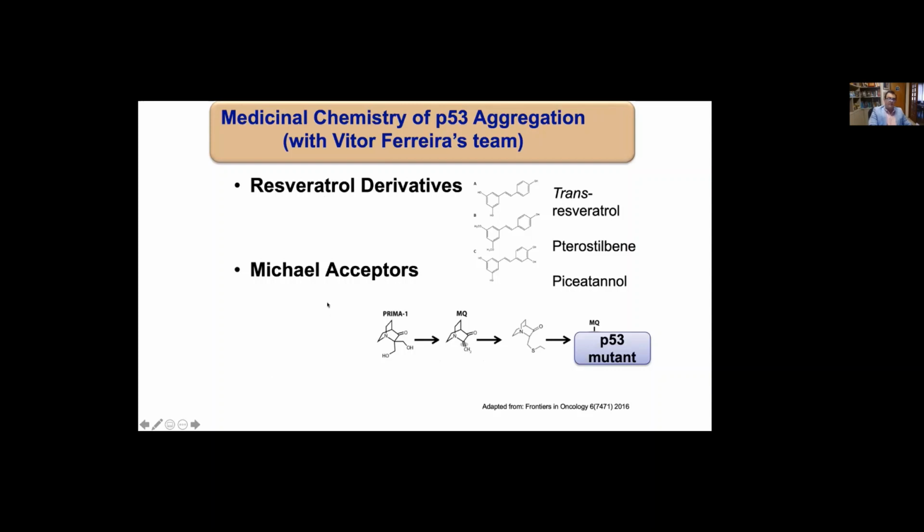We started with resveratrol and resveratrol derivatives.